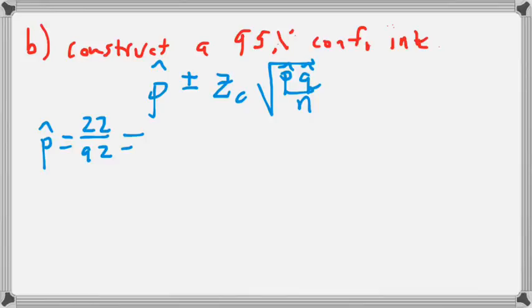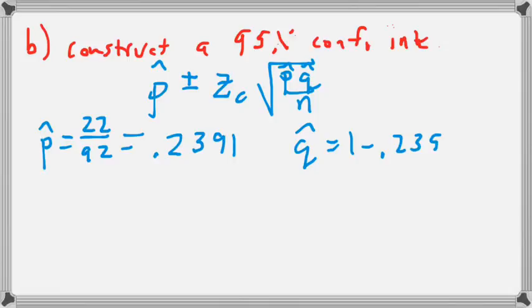So 22 divided by 92, we got 0.2391. Let's go to 4 decimal places. You could think of this as 23.91%. So q-hat then is going to be 1 minus p-hat, which is 0.7609.